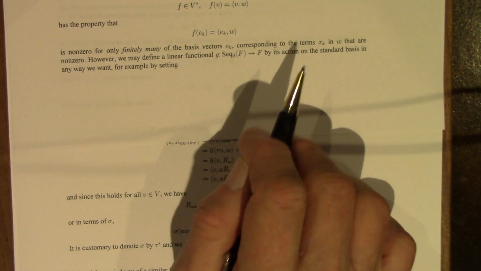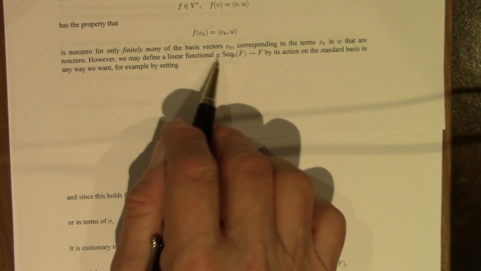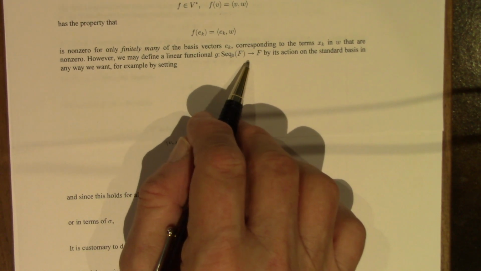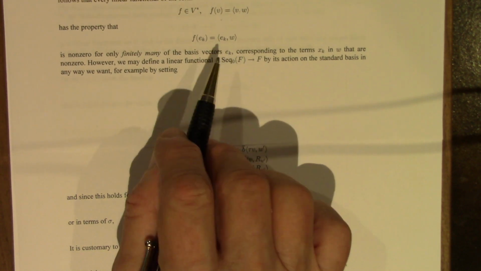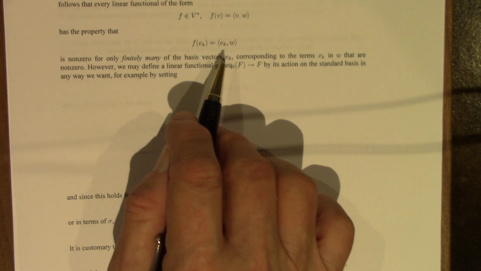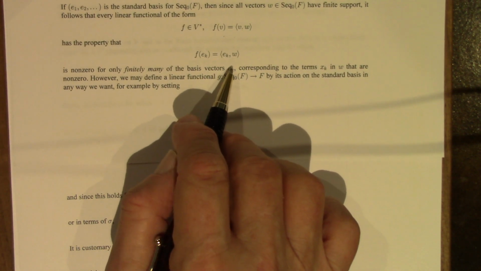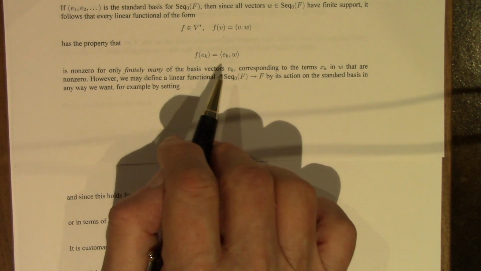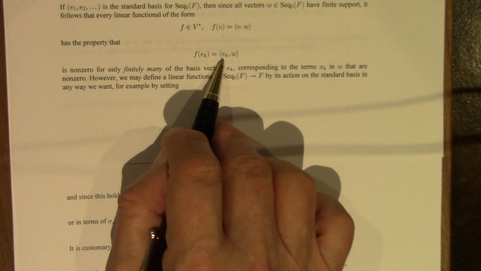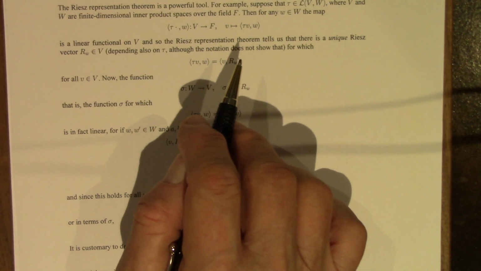But we can define a linear functional, which I call G here, any way we want on the standard basis and extend it by linearity. That's the fundamental theorem of linear transformations. So we could define G to send every basis vector to 1, for example.